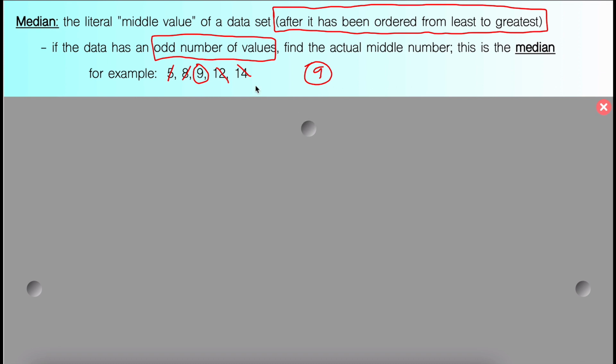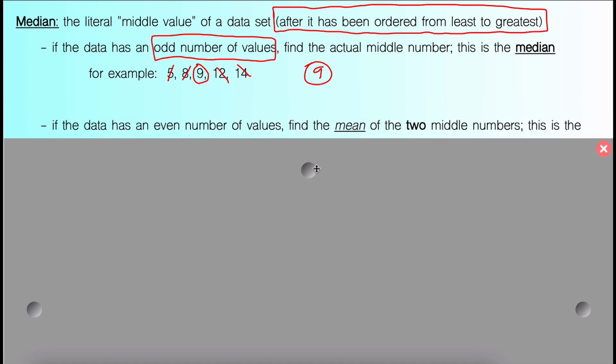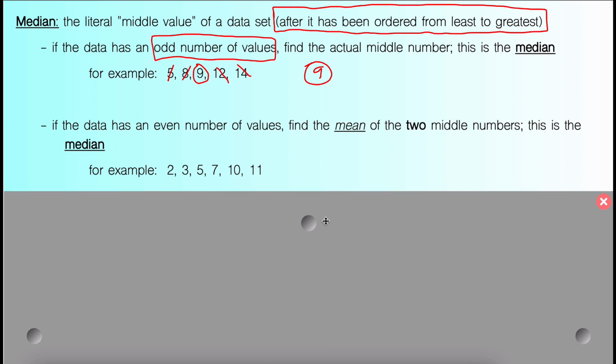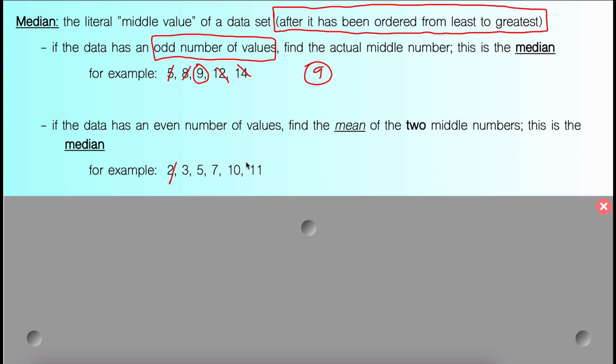But what happens if there's a 6th number in this data set, and it's not just 5 numbers with an exact middle number? So if the data set has an even number of values, let's use an example. I count from the left, count from the right, count from the left, count from the right. Uh-oh, there are 2 numbers left in the middle.